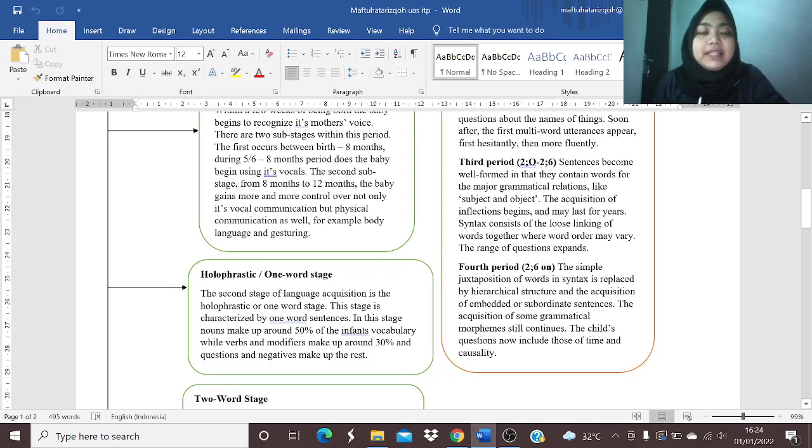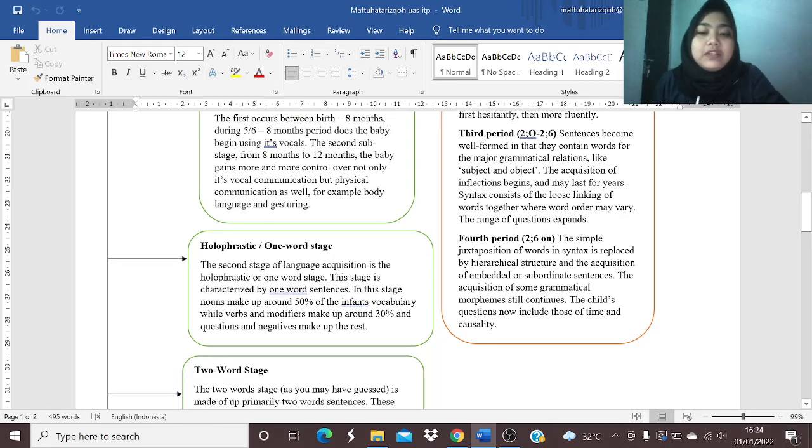The fourth is the third period. Sentences become well-formed in that they contain words for the major grammatical relations, like subject and object. The acquisition of inflection begins and may last for years. Syntax consists of the loose linking of words together, where word order may vary. The range of questions expands.